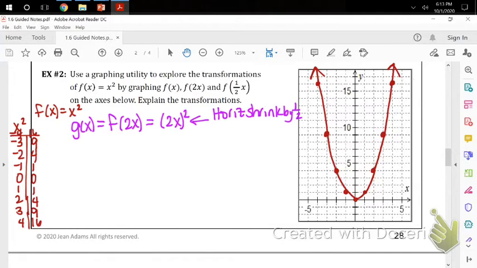And so we could make a table here. And we say, okay, well, we know our x's are going to be divided by 2. And so if I take all my x's and I divide by 2, starting with the -4, all the way to the +4, I get these x values, and then my y values are going to stay the same.